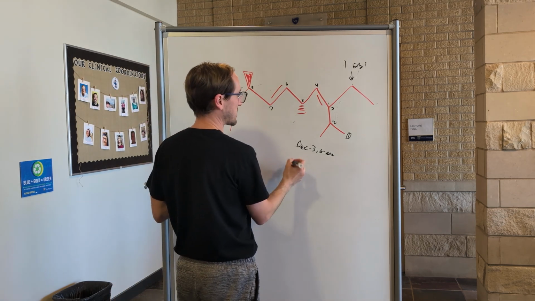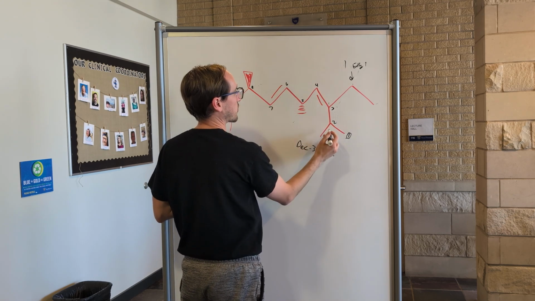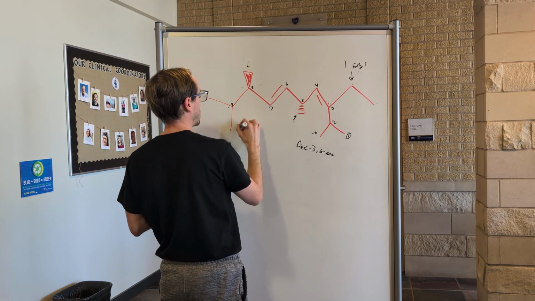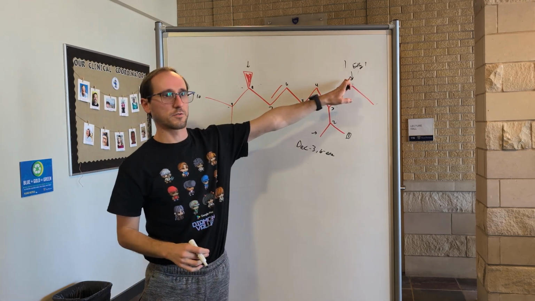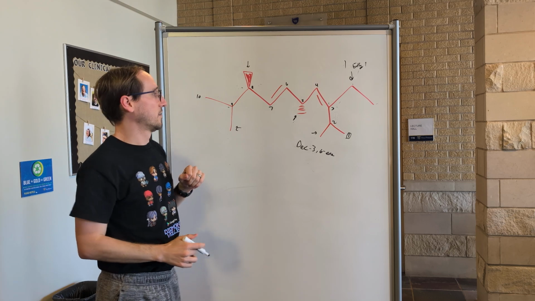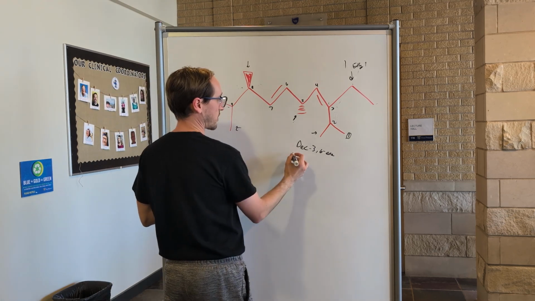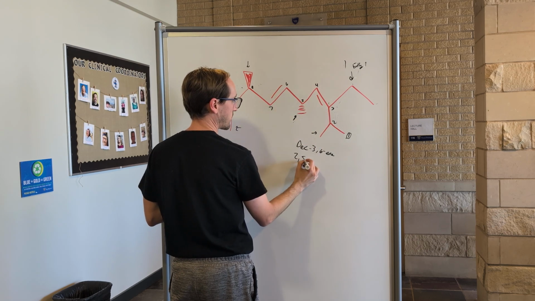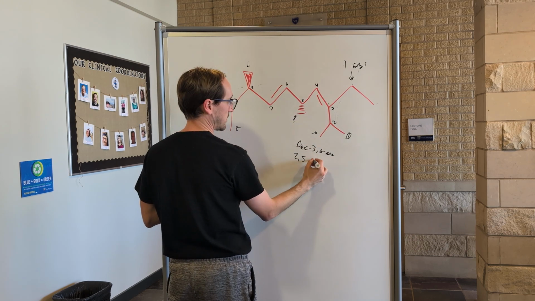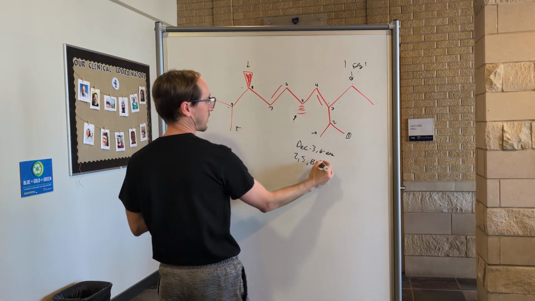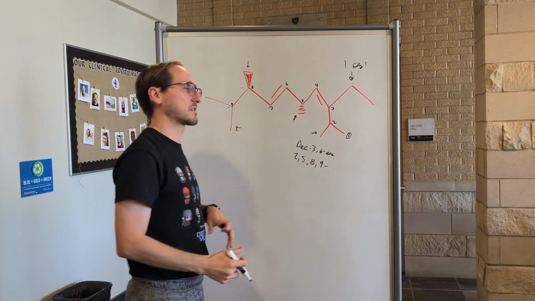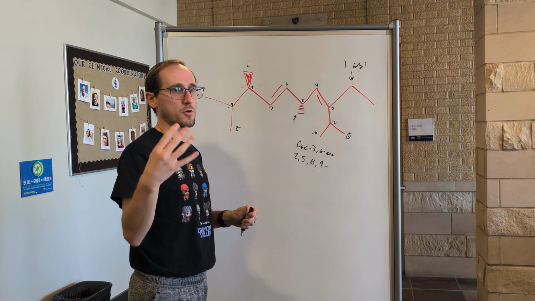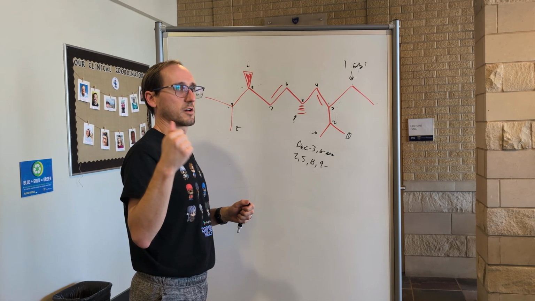The next thing we need to do is identify where our substituent groups are. So once again, we've got this methyl, this methyl, this methyl, and that methyl, and this ethyl, right? So we just want to identify where all of those are. So we've got a methyl at 2, we've got a methyl at 5, we've got a methyl at 8, and we've got a methyl at 9. And then basically you say, okay, well I've got 4 methyls, so then we go through our nomenclature information, which is for whenever you have multiples.